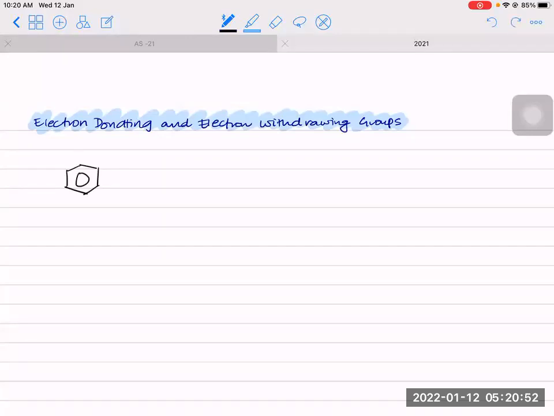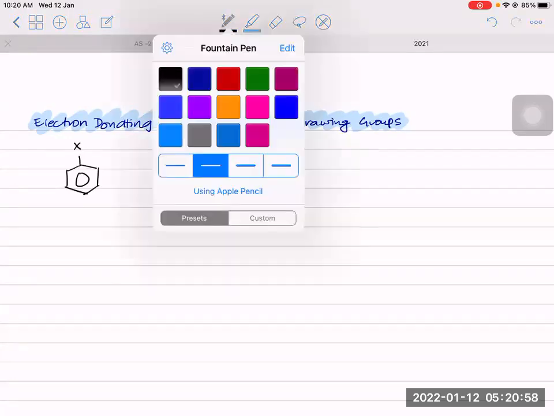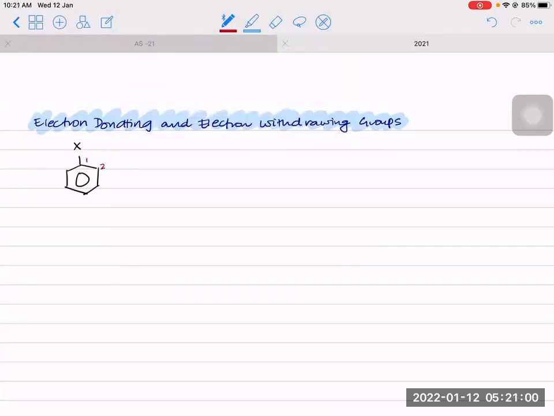If you have, let's say, a side chain X, right? So let's call this carbon number 1, carbon 2, 3, 4, 5, 6. Or you could also number it this way: 1, 2, 3, 4, 5, 6. Doesn't matter, however you want to number it. But where the side chain is attached, obviously that would be carbon number 1.